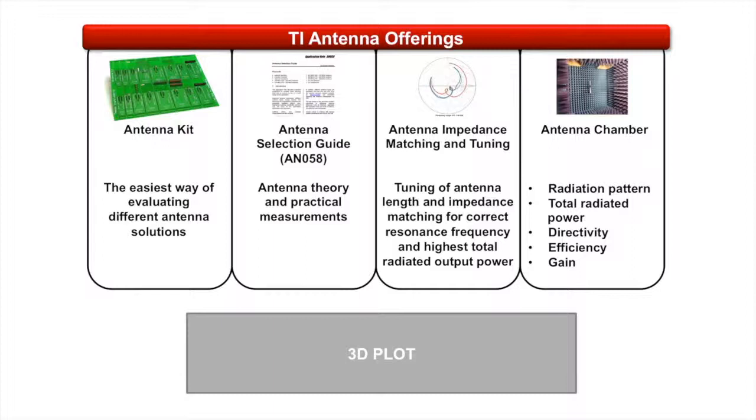This involves the following 2 main tasks: impedance matching, so that as much power as possible from the RF transceiver is transferred into the antenna. Secondly, measuring the total radiated power in an anechoic chamber. This is a measure of the efficiency of the antenna. It is also possible to measure the antenna directivity, meaning how much power is radiated into different directions.